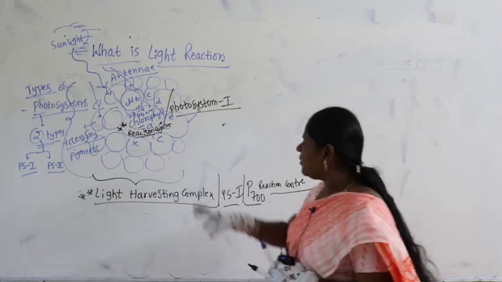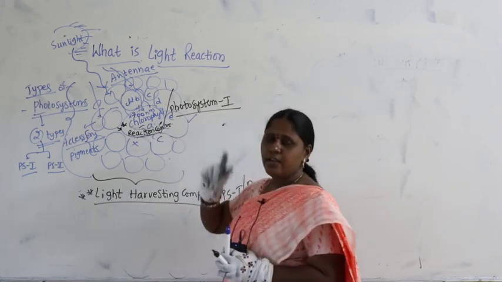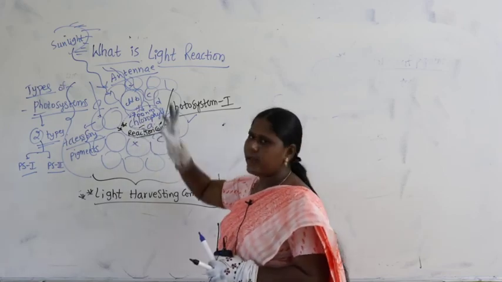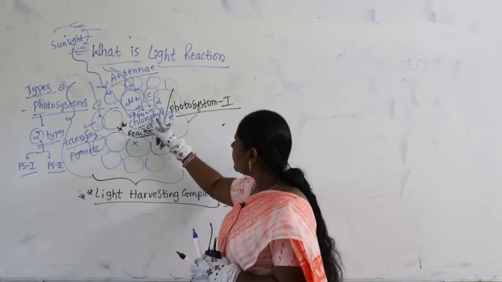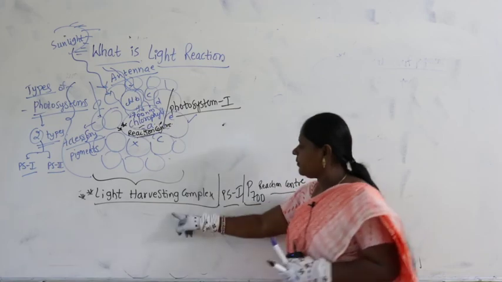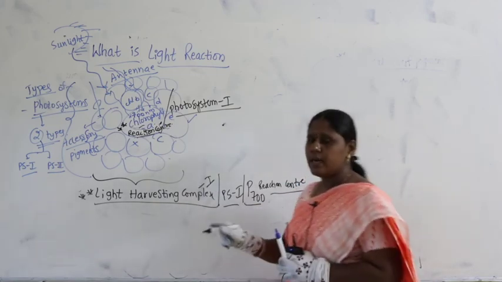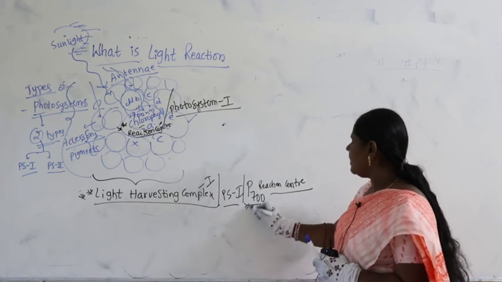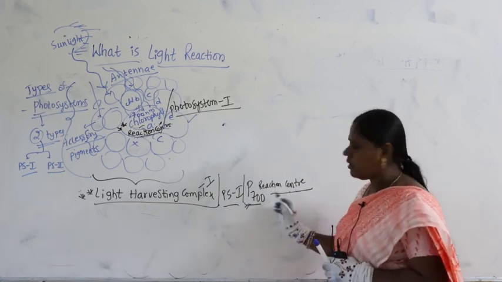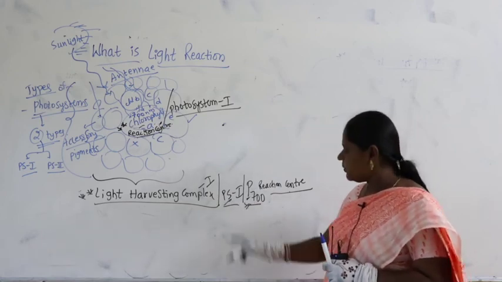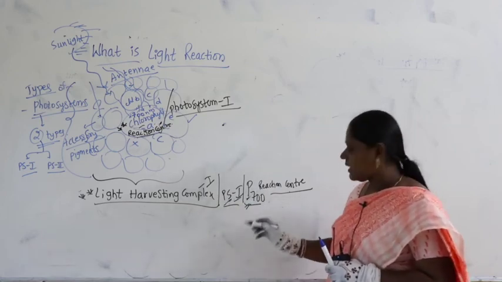It all depends upon the chlorophyll A. If chlorophyll A absorbs light of wavelength 700 nanometers, then it is called photosystem 1, or light harvesting complex number 1, or the P700 reaction center. P means photosystem, PS is also photosystem.